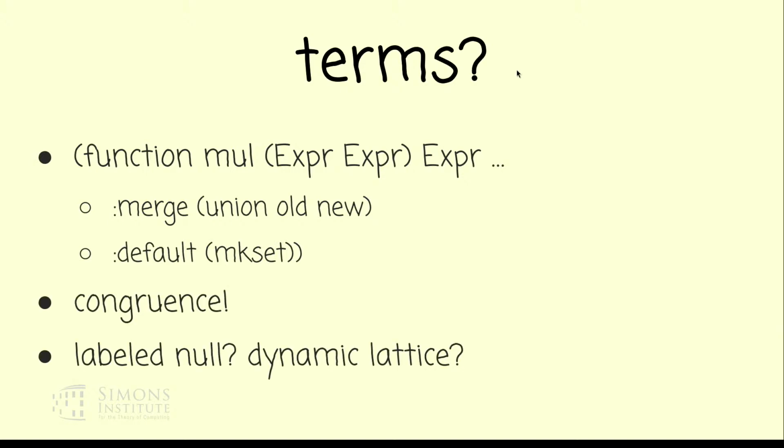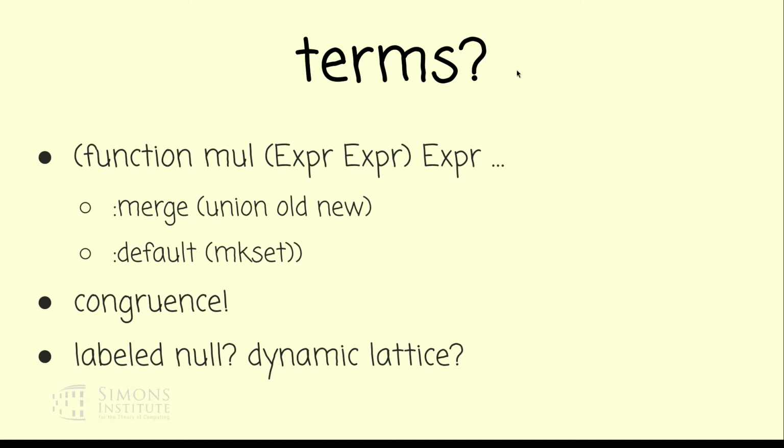And like I said, this is just congruence. The other thing to note is that when you are creating these muls in the head of your rule, you need to come up with some sort of labeled null, right?